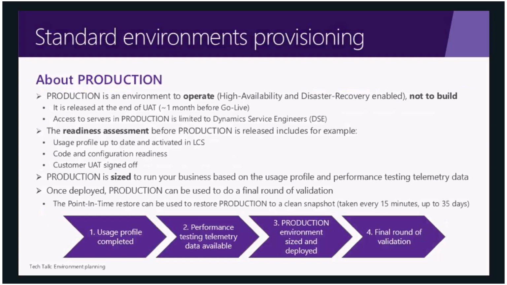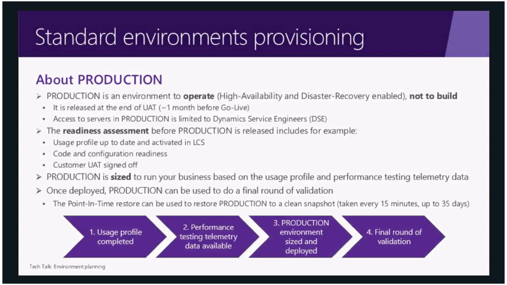For example, the usage profile is up to date and activated. As I mentioned, the code and configuration are ready, and the solution is signed off. There are other types, but this gives you a good idea. Once the readiness is assessed, the next step is basically to have production sized to run your business post go live.